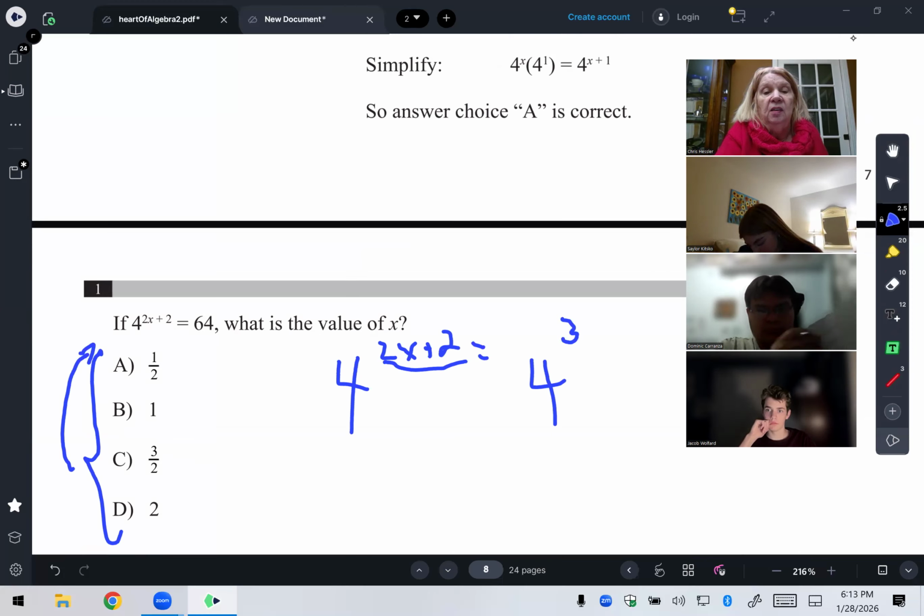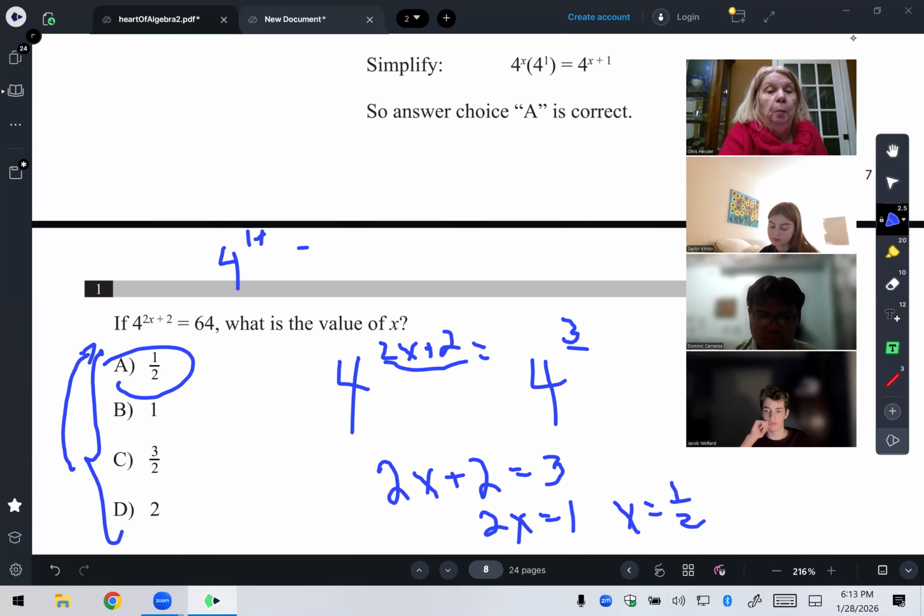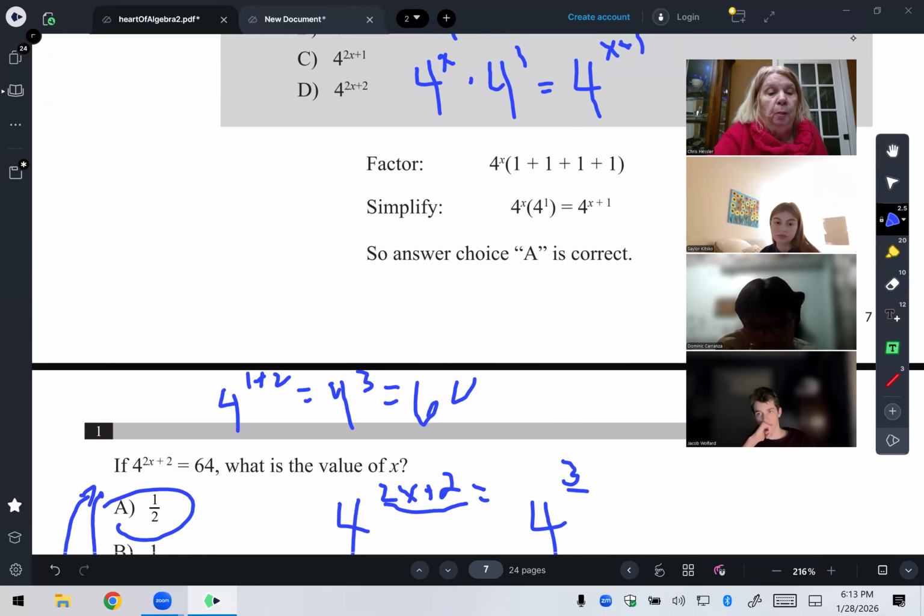So now, since I have the same bases, I can just do 2x plus 2 is 3, 2x is 1, x is 1/2. And if I put 1/2 back in, I would get 4 to the 1 plus 2, which is 4 to the 3rd, which equals 64.